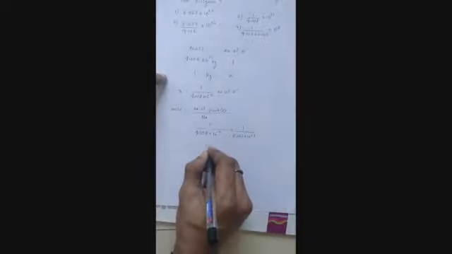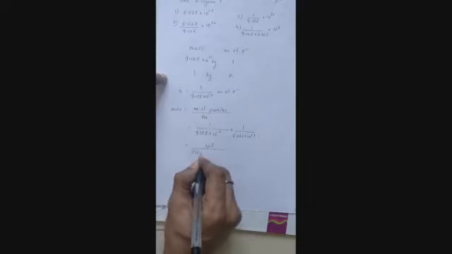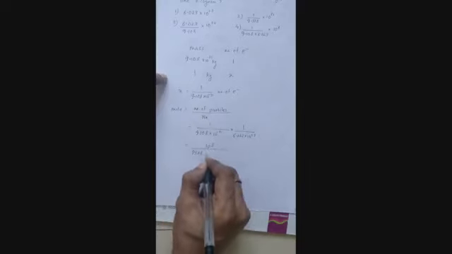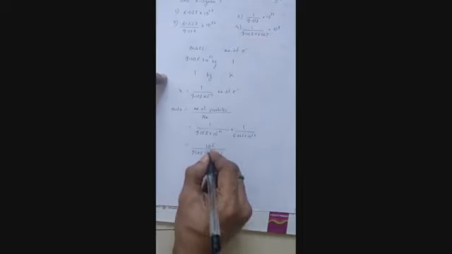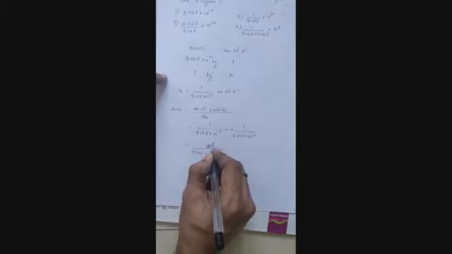So this will be 10 raised to minus 8, that is 10 raised to 8 will come up, upon 9.108 into 6.023. You need not do the calculation. This is 10 to the power 8. Here we are. This is your answer, fourth option.